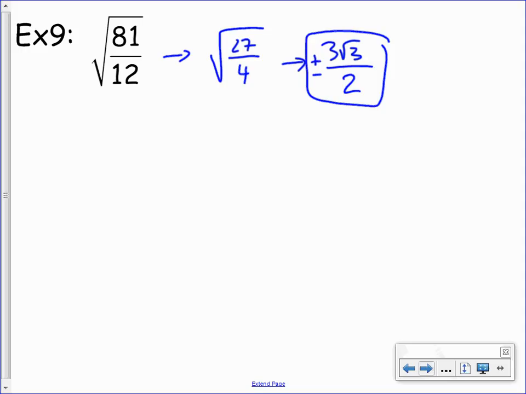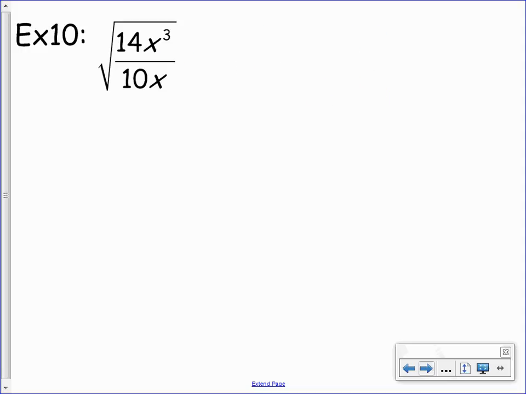All right. Okay. Here we go. Last one. You can do it. Talk to me. Seven. I like the 7. Let's leave the x's. The bottom would be a 5, right?